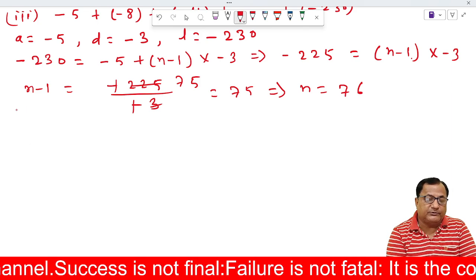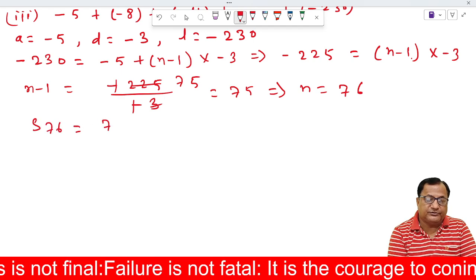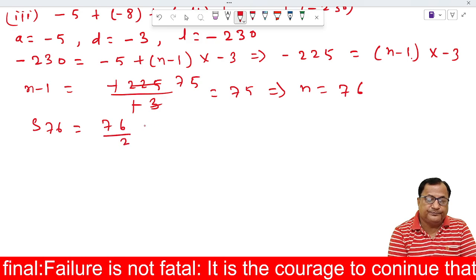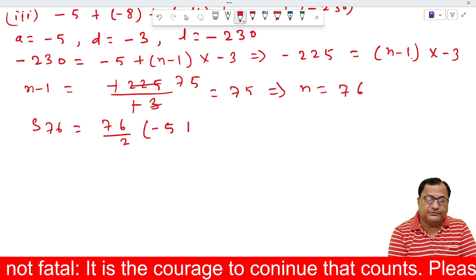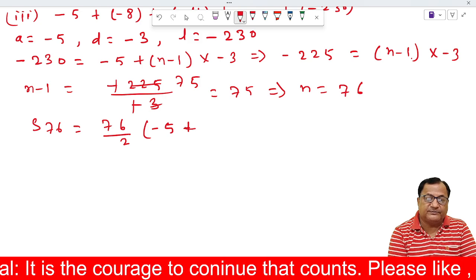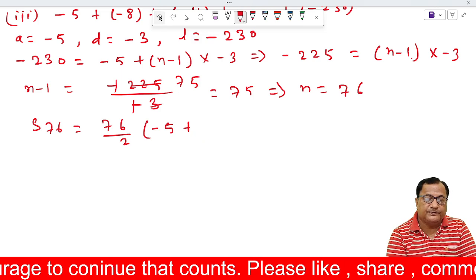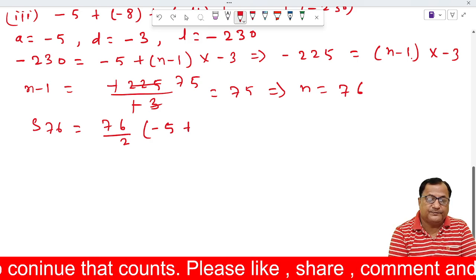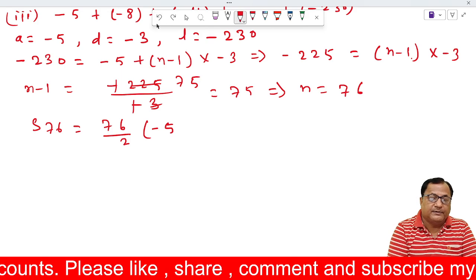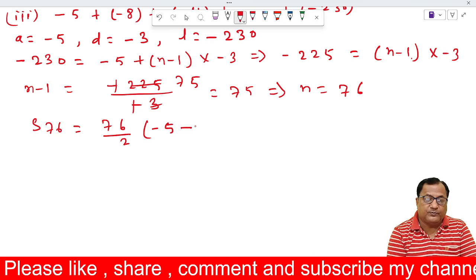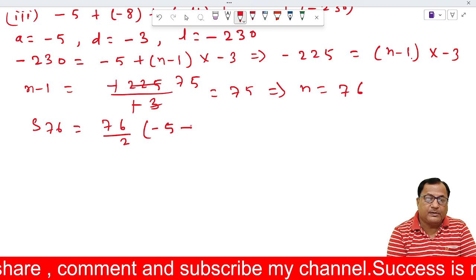Now use the formula to find S76, which is equal to 76 by 2 into A, where A is minus 5, plus the last term, minus 230.